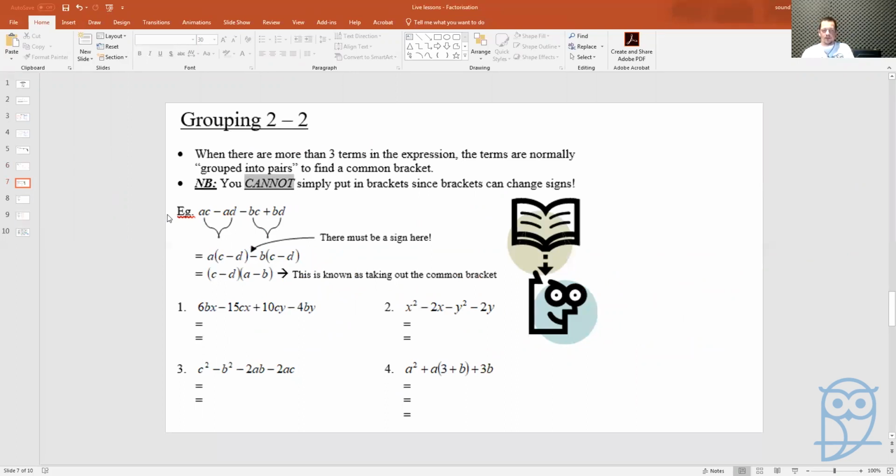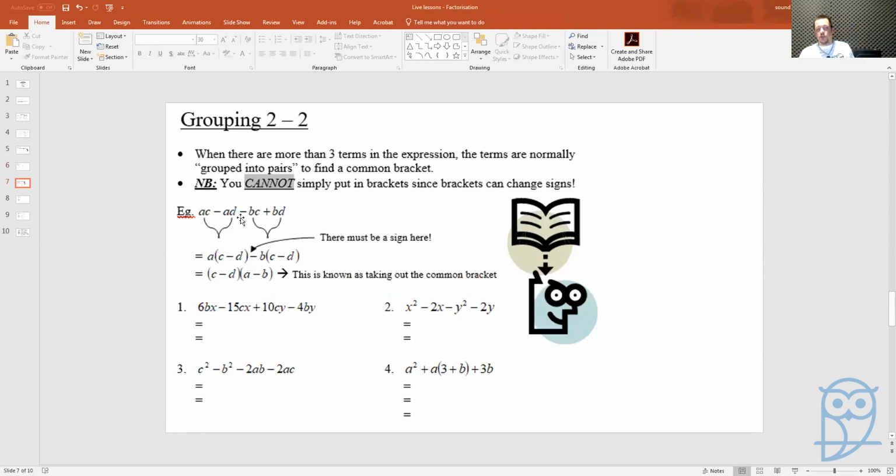So the whole point of grouping is that you're going to have more than 3 terms. And 98 to 99% of the time is going to be 4 terms. Your aim is to group these into pairs, being 2 terms and 2 terms.